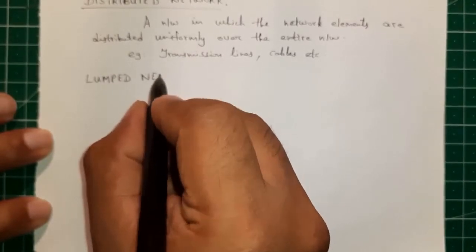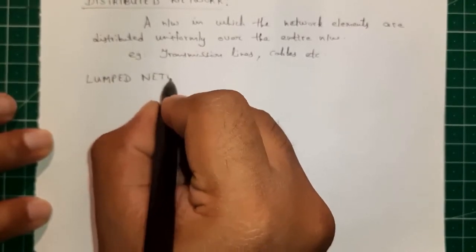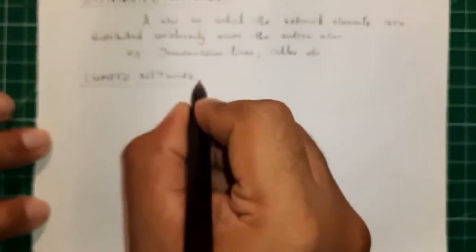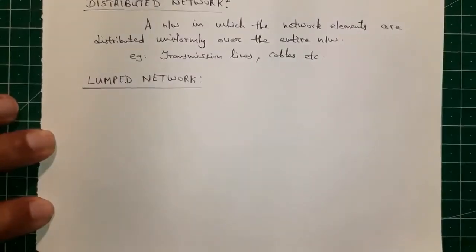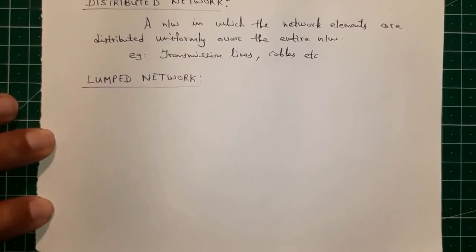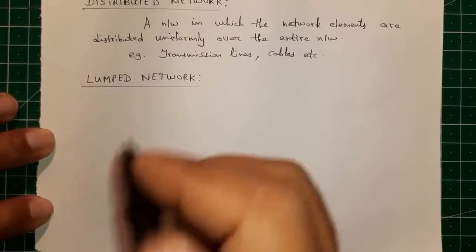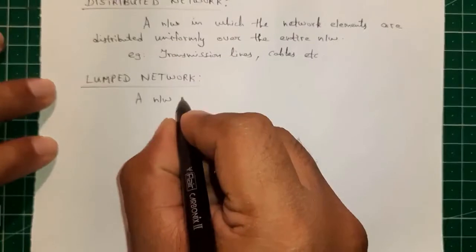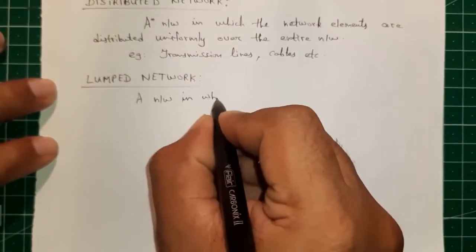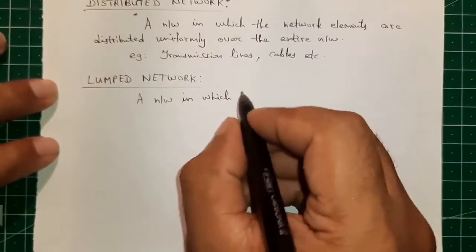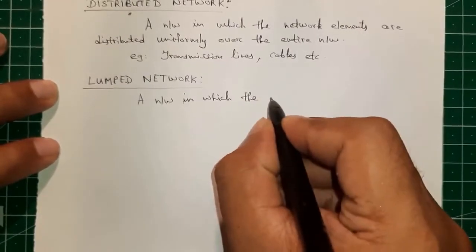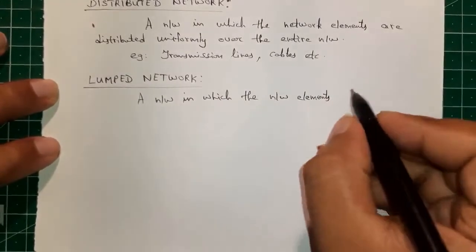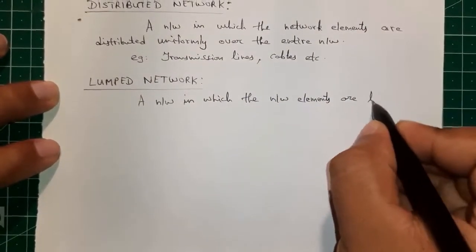Also we can see certain lumped networks like filters, etc. So what is a lumped network? A network in which the network elements are lumped.